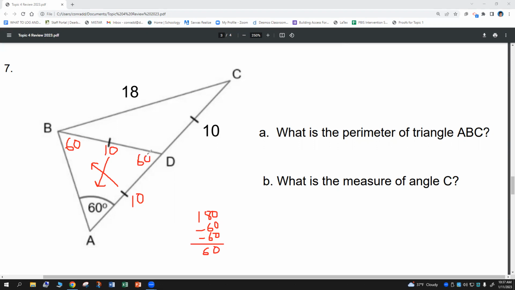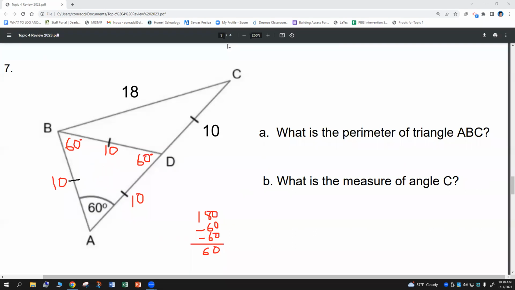So if all 3 angles are 60, that means this is equilateral, which means this side is also going to be 10 units as well. Because all of the angles are 60, that means all the sides have to be equal.